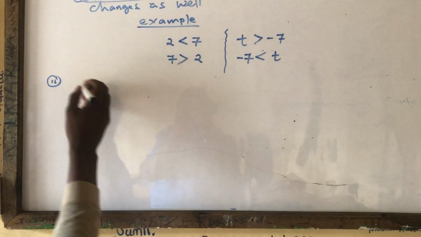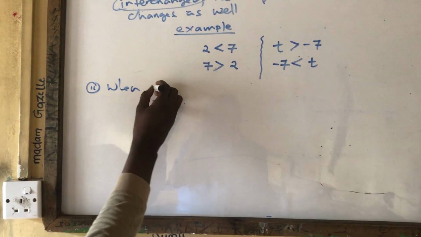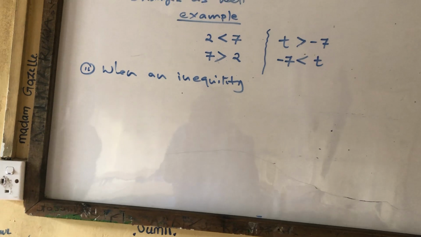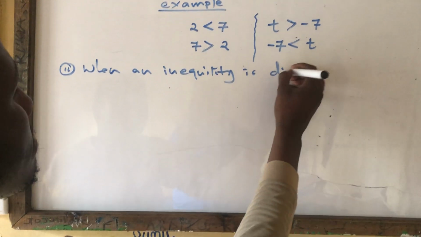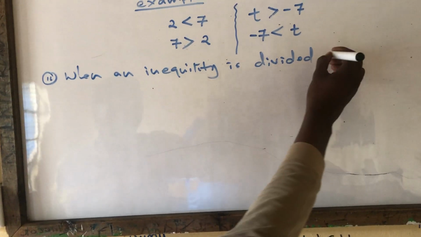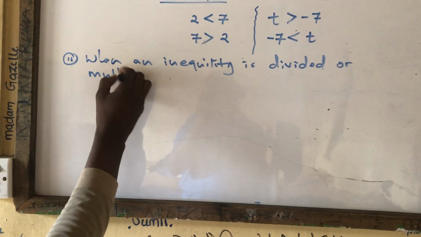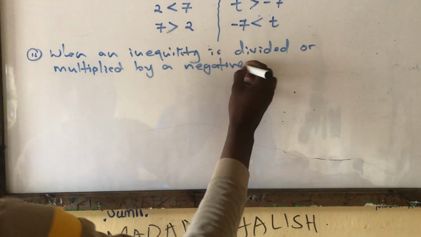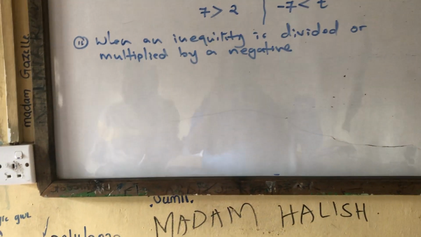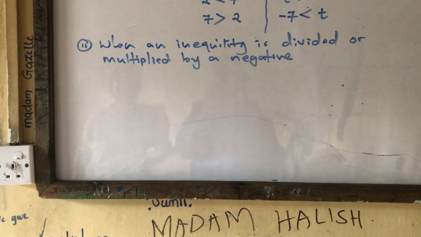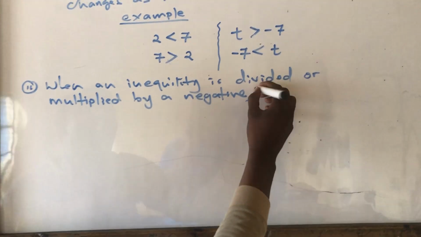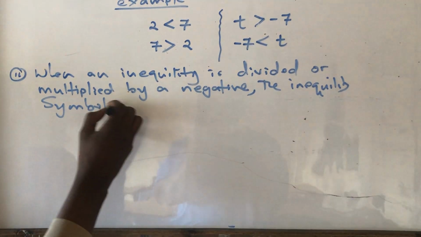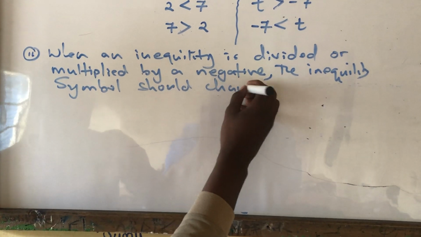The second rule states that when an inequality is divided or multiplied by a negative, the inequality symbol should change.